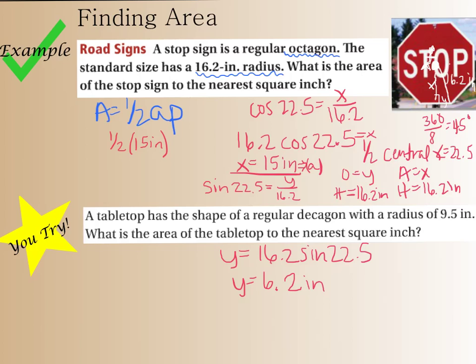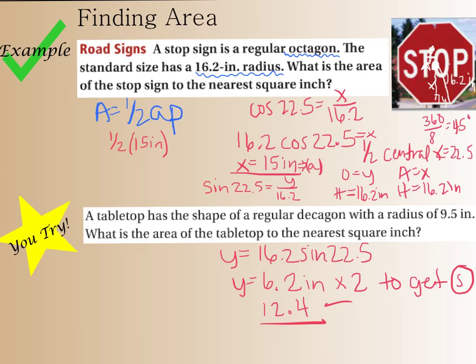Okay, but that's not what I'm plugging in, because that is just this little piece right here. So in order to find my perimeter, this little piece, I'm going to double to get a side. So let's multiply it by 2 to get my side length. I need S. So 6.2 times 2, I get 12.4.